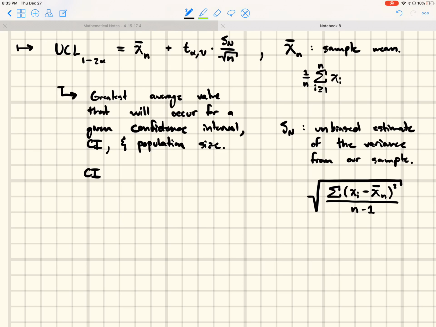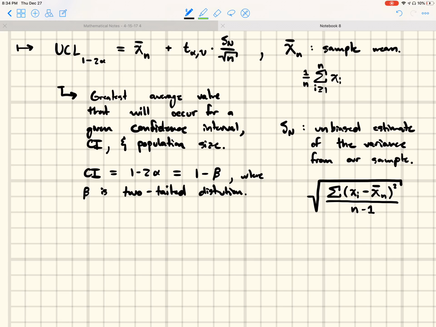And this confidence interval is equal to 1 minus 2 eta, which is also equal to 1 minus beta, where beta represents the chance that the sample mean falls outside the true population mean. This is for a two-tailed distribution.